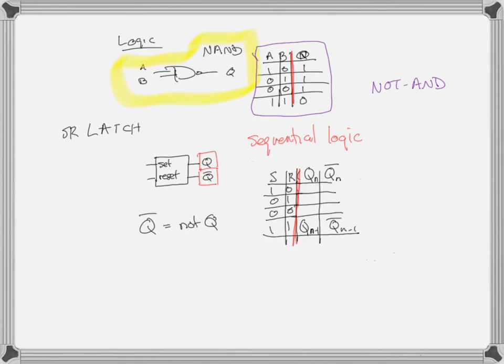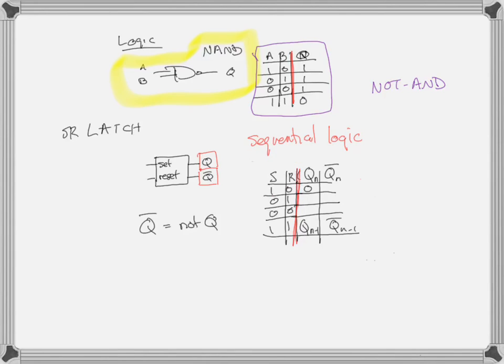Now let me start at the top. What a 1 and a 1 input on set and reset says is, remember what it was before, don't change your state. Keep your state. What set does is it sets the output to be 1, and what reset does is it resets the output to be 0.